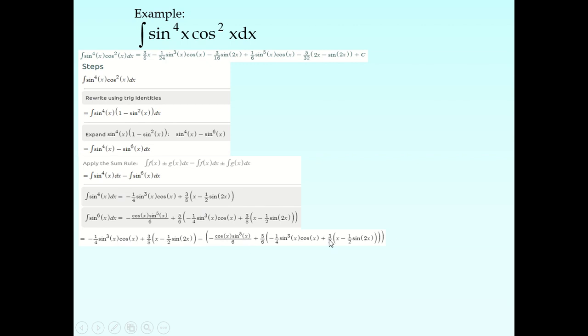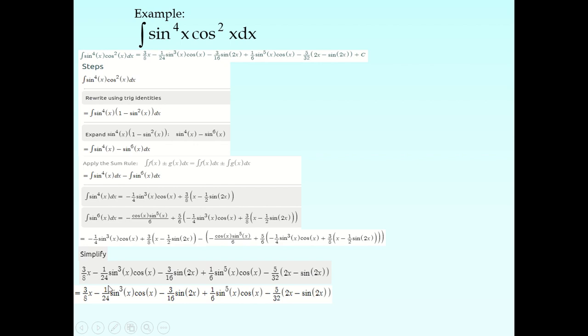Then simplify. When you simplify this one, we obtain this result. Actually this line is just the same as this one. Then adding the constant of integration, we get this answer.